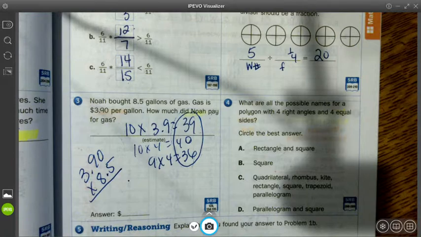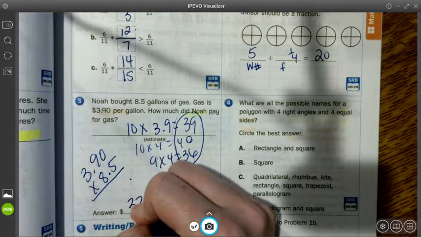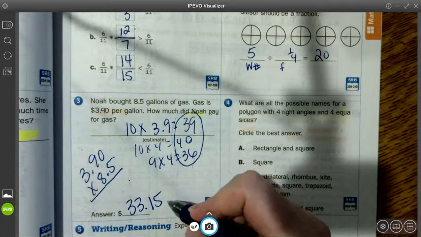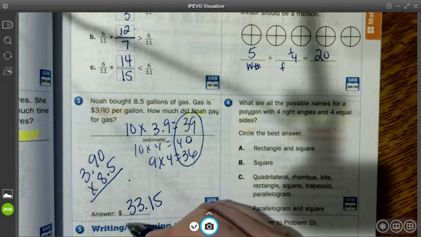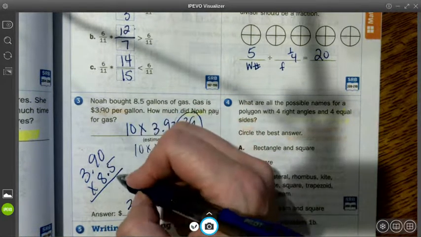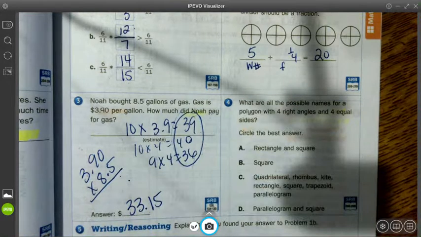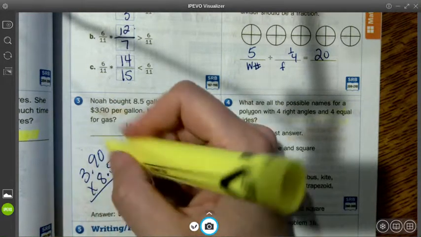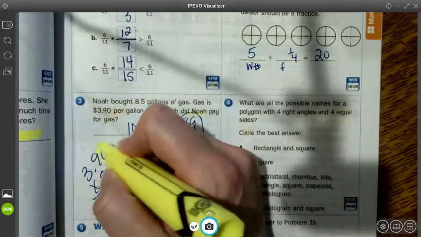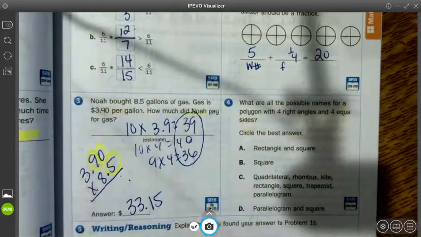Okay, if you are unpausing the video, hopefully you got $33.15. You might have got a 0 here, but money only comes in 2 decimals. One thing to think of too, however many places you have past the decimal, however many numbers, that's how many places your decimal goes.